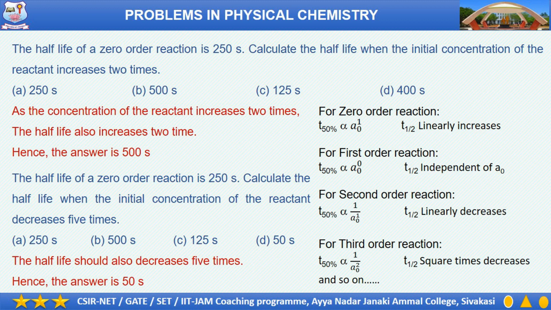What did we see in yesterday's class? The T half is proportional to the initial concentration A for zero order. For first order, it is independent of A, and for second order the T half is proportional to 1 by A, and proportional to 1 by A square for third order.